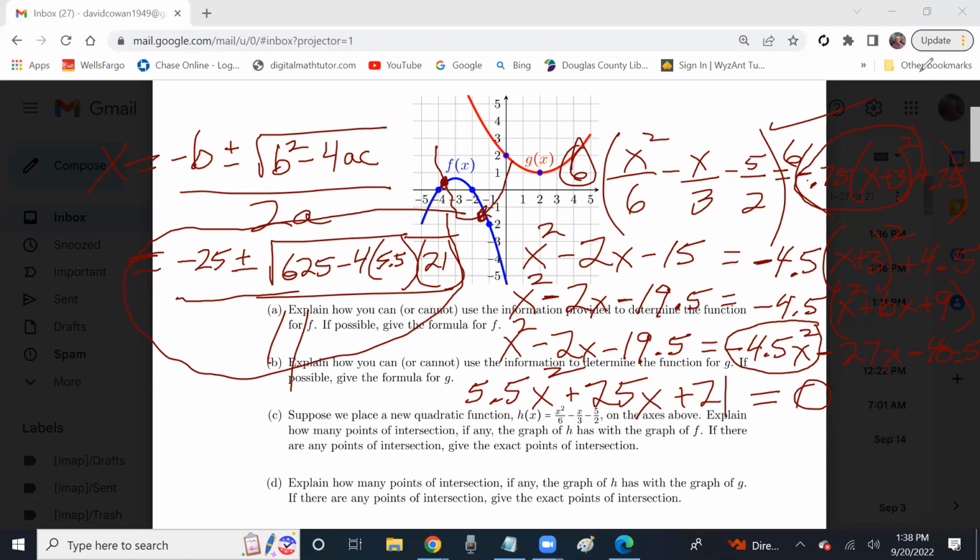So it really would have been a waste of time to graph it. Yeah, and setting one quadratic equal to the other isn't always the easiest thing to solve, as we saw here. It was actually quite difficult, and made more difficult by the fact that they forced us to guess as to what the y coordinate of f was.